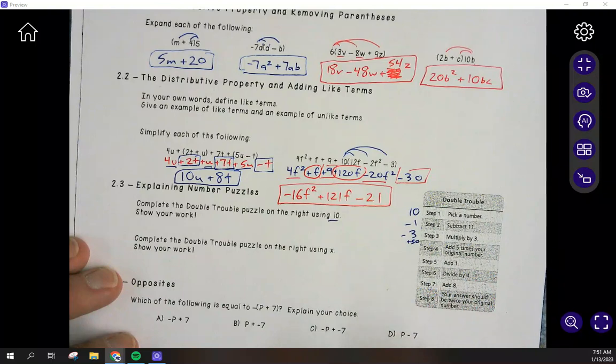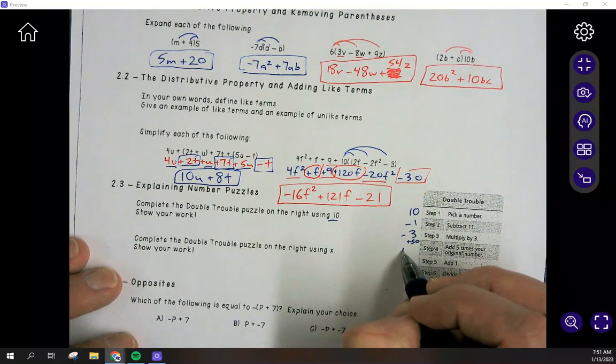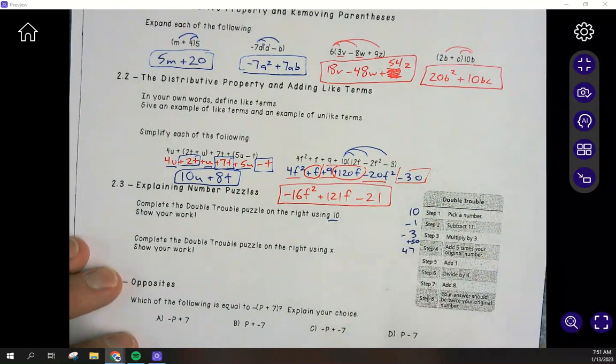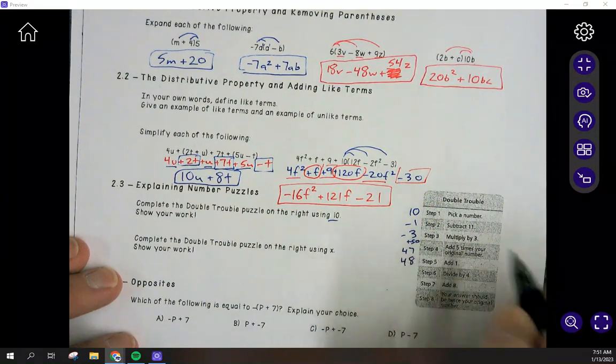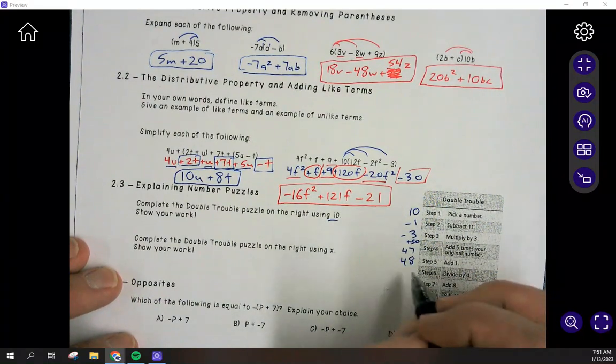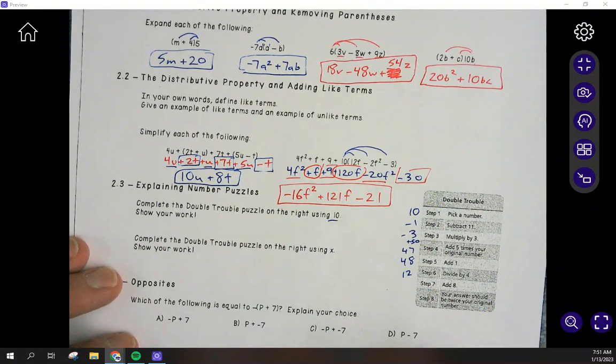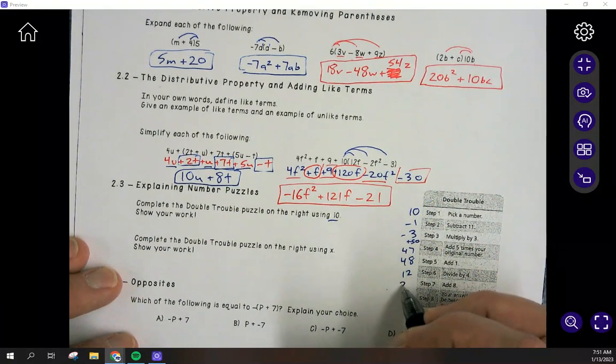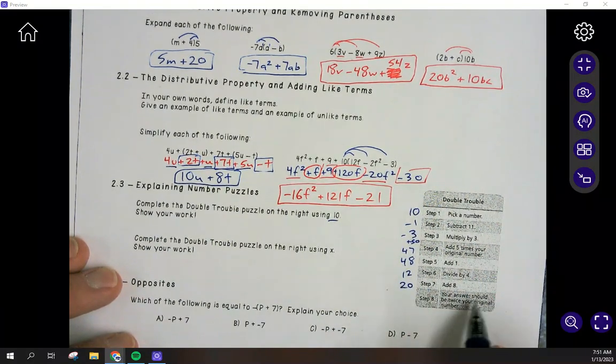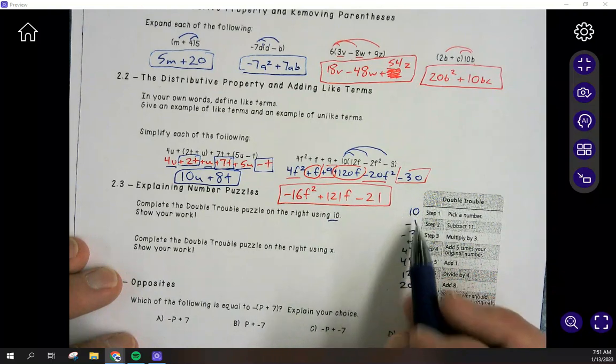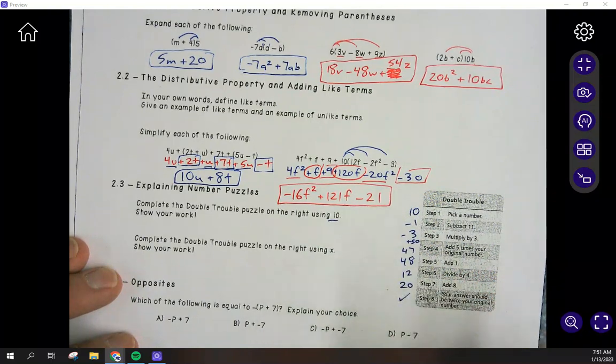So I'm adding 50. Okay, so that is going to come out to 47. Negative 3 plus 50 is 47. Add 1, 48. Divide by 4, and that's 12. Add 8, and that's 20. Your answer should be twice your original number. 10 became 20, and we're good.